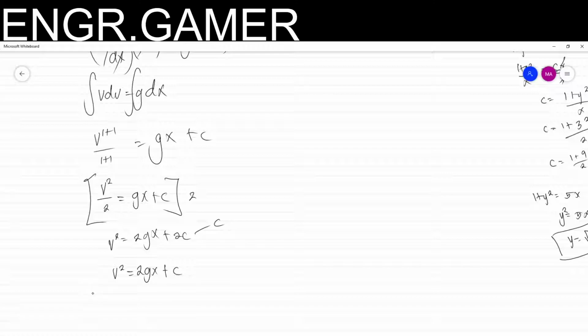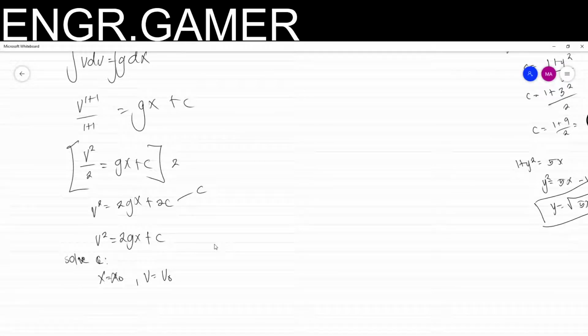Solving for c, solve for the value of c. When x is equal to x sub o, v is equal to v sub o. Okay, so we have v sub o squared is equal to 2g x sub o plus c.